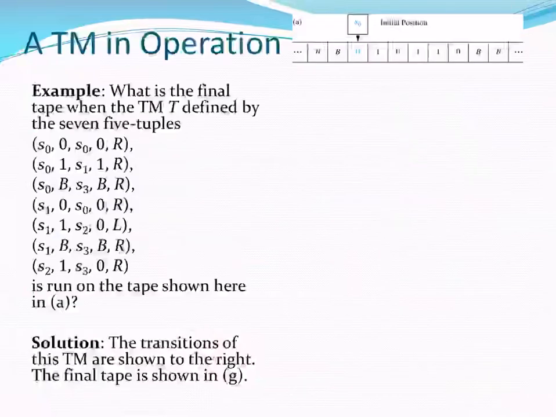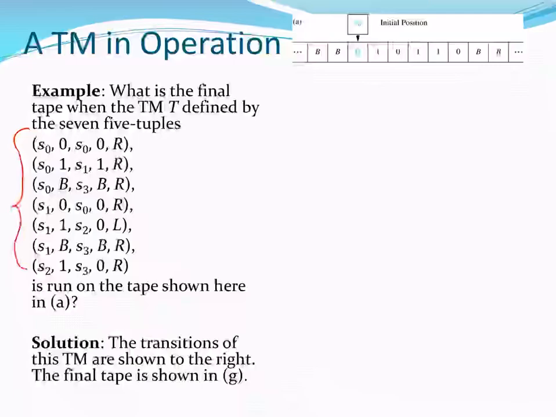Let's take a look at an example. Here I've got a set of 5-tuples that define my Turing machine. My alphabet appears to be 0, 1, and blank.